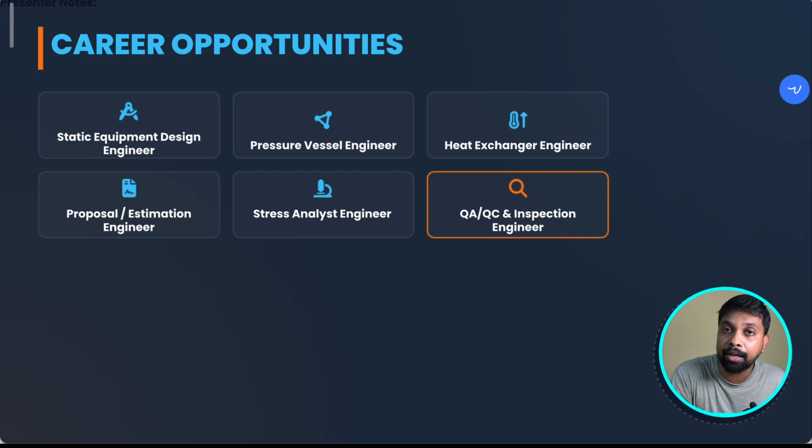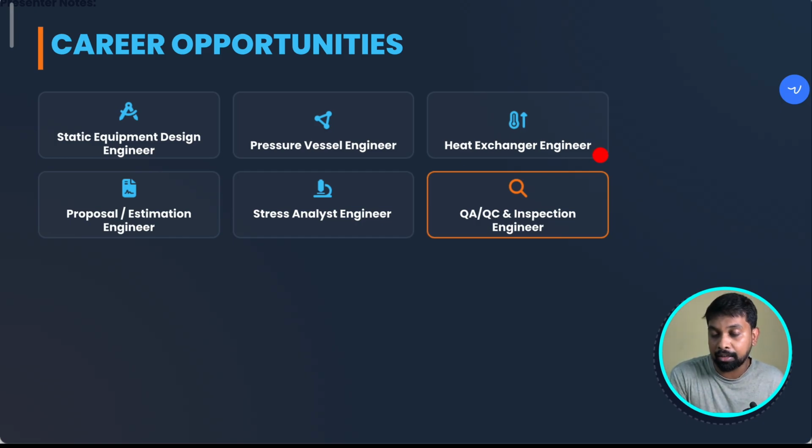So the career opportunities in the static equipment field are static equipment design engineer, pressure vessel engineer, heat exchanger engineer, proposal and estimation engineer, stress analysis engineer, and QA/QC and inspection engineers. The static equipment engineer you already know, which is what we are. Pressure vessel engineer is a specific engineer who designs only pressure vessels.